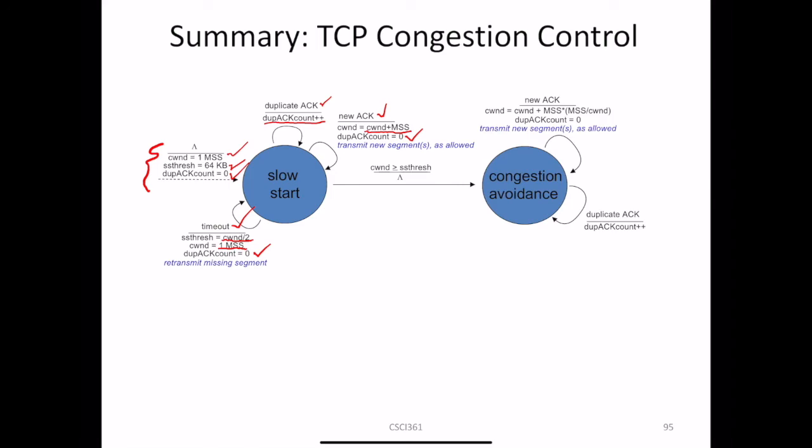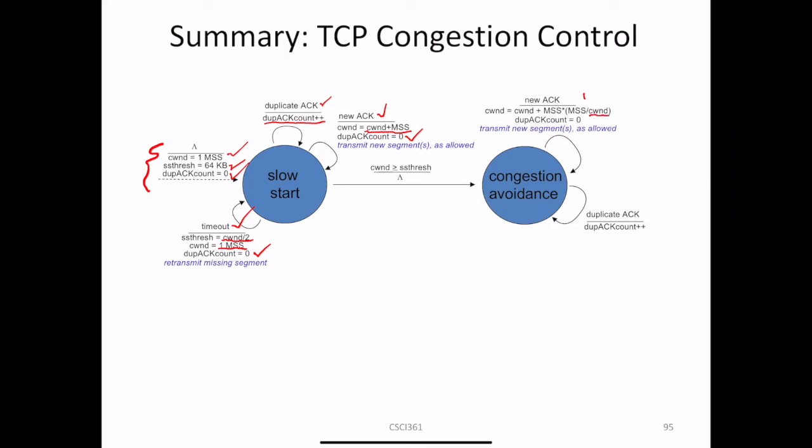First, under congestion avoidance, if a new ACK is received, we only increase the congestion window by a smaller portion, 1 over the congestion window size.